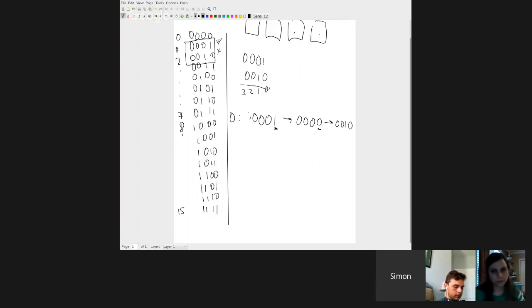So eventually, the result is correct. From 0001, we changed to 0010. But there was an intermediate state. And we know that this intermediate state did exist for a very short time, but it did exist. So instead of counting from 1 to 2, we counted from 1 to 0 to 2.